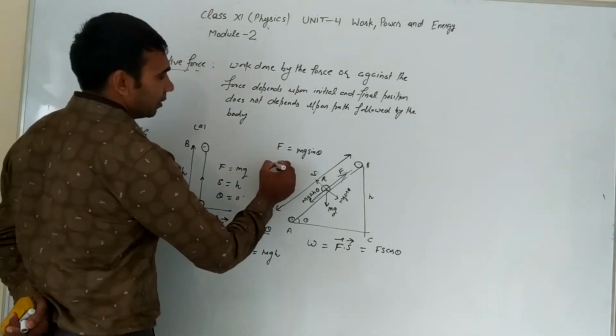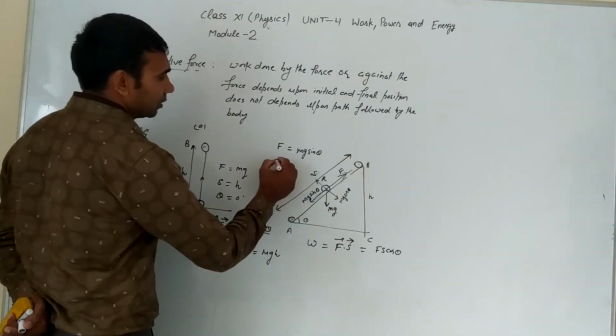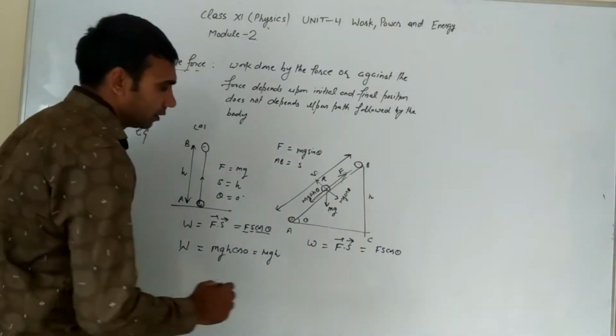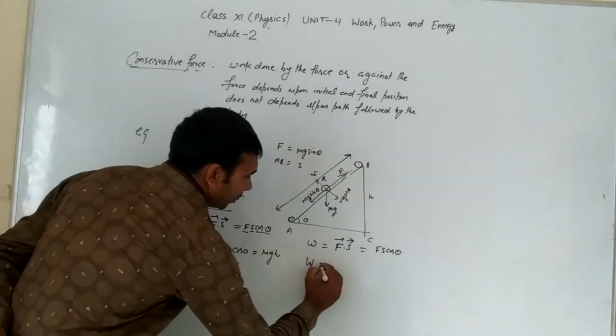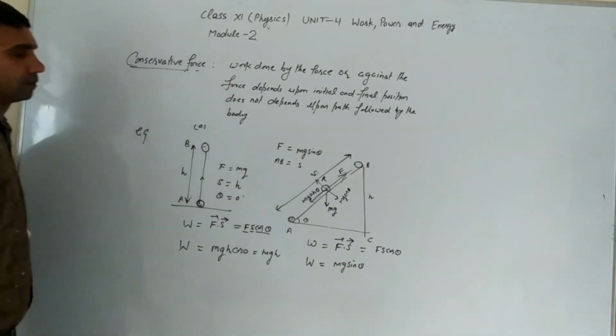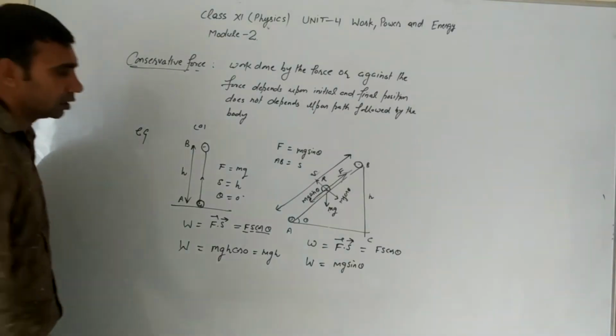Displacement AB is equal to S. Therefore, W is equal to Mg sin theta multiplied by displacement.